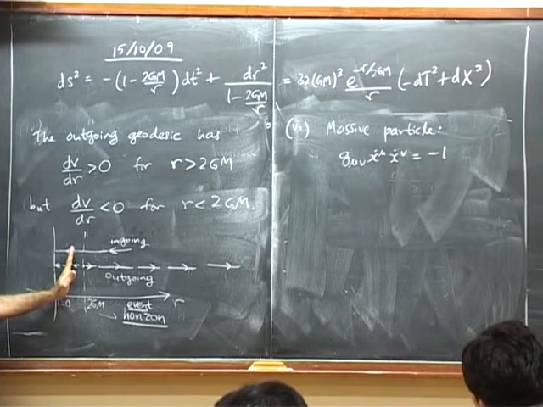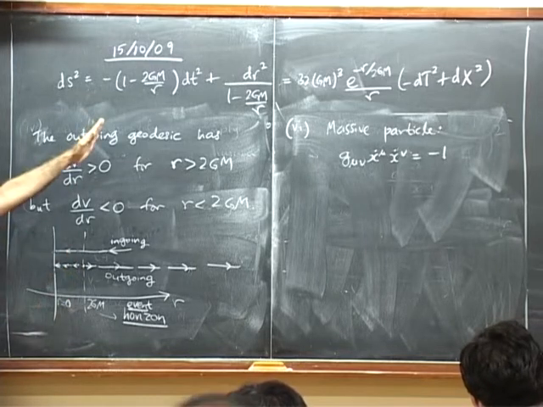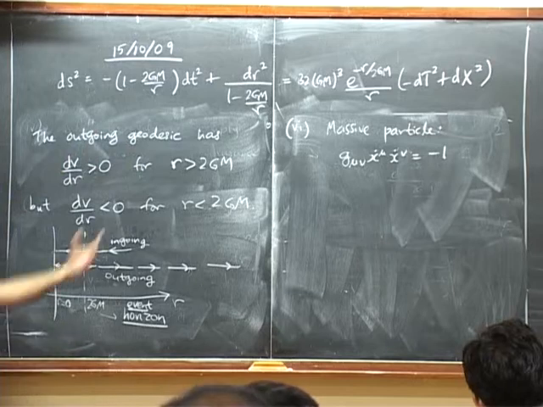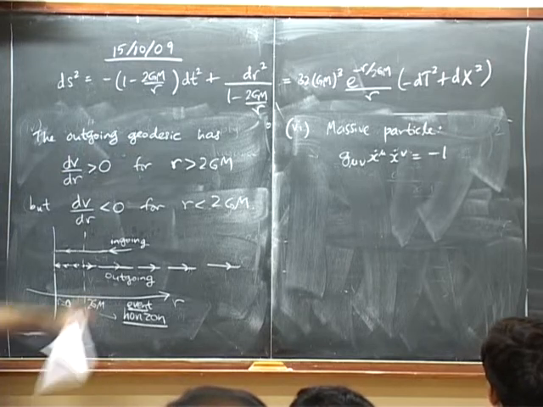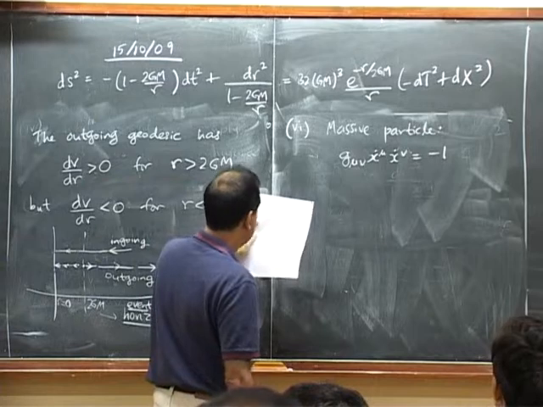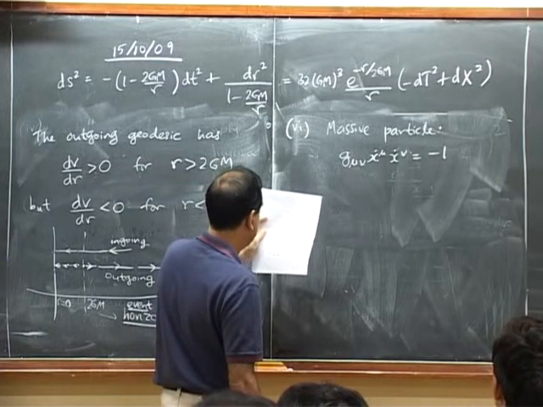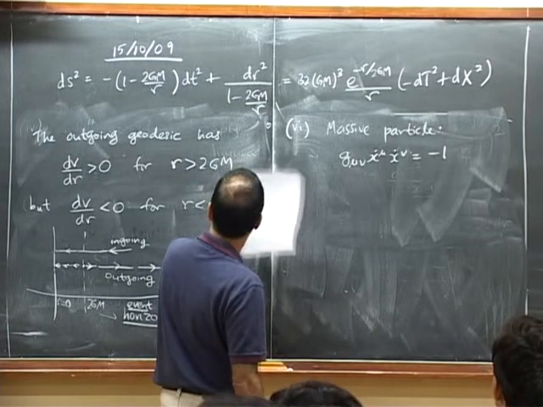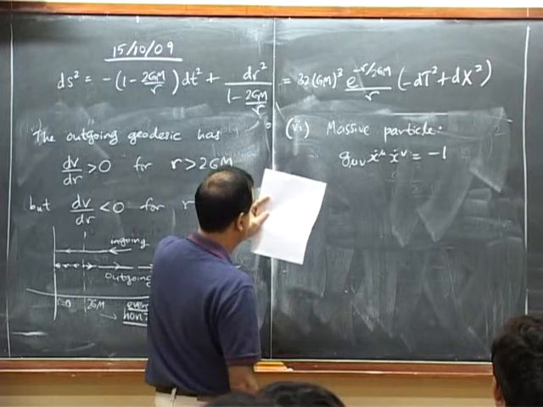I'm nowhere near the horizon. I'm well inside, so I can use these coordinates again. Of course, I can also use Eddington-Finkelstein or any. But let me just for simplicity use those. In any case, I'm trying to find R as a function of proper time, and R is the same in these or in Eddington-Finkelstein.